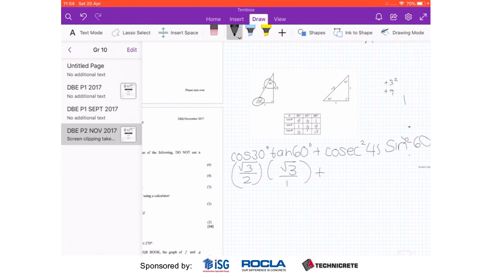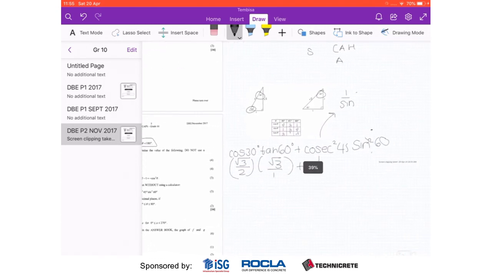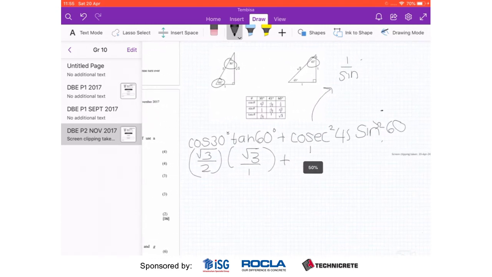What is cosec? Remember, you must know your ratios. Cosec is 1 over sine. So let's find my sine. Sine of 45 is opposite over hypotenuse. So it is cosec 45.